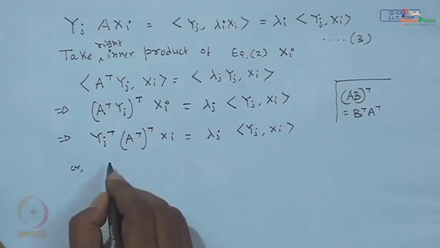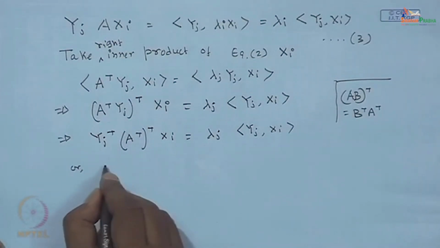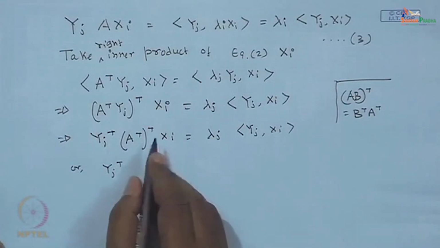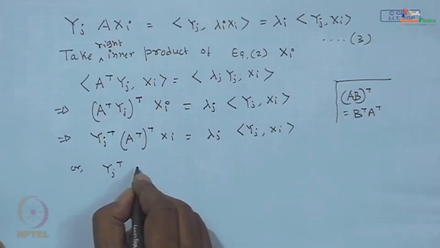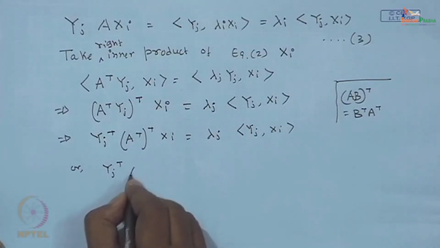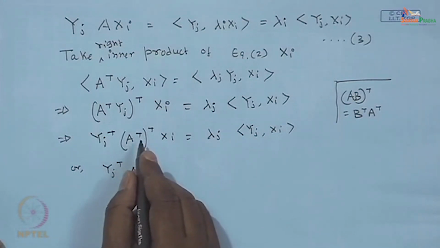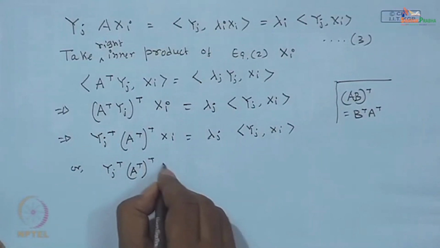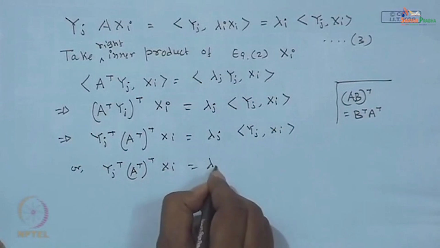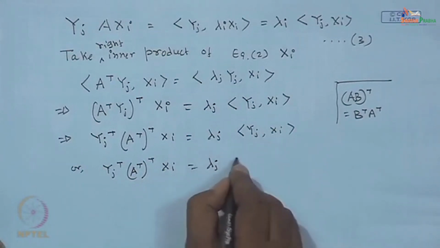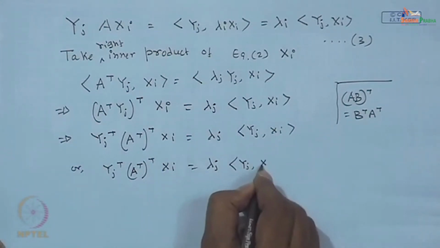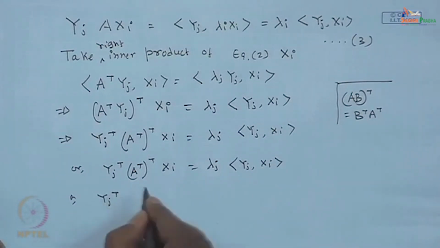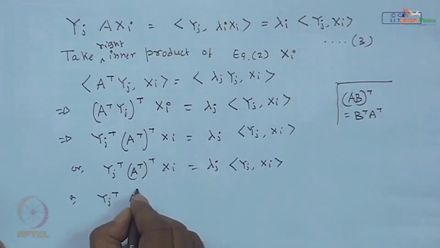So, you will be getting y j transpose of A x I transpose. So, it will be A transpose, and the entire A transpose y j is equal to lambda j y j x I. So, y j transpose of transpose will be the same.